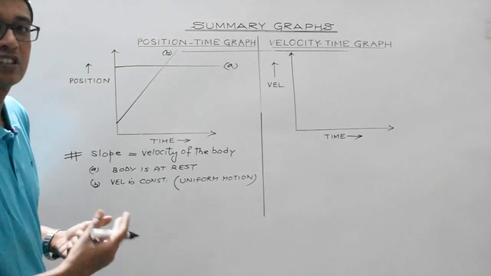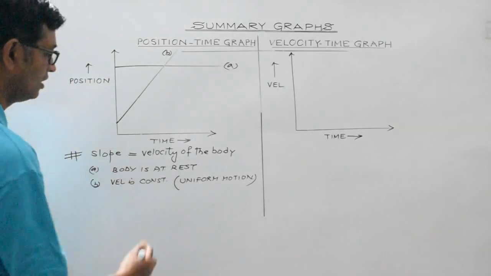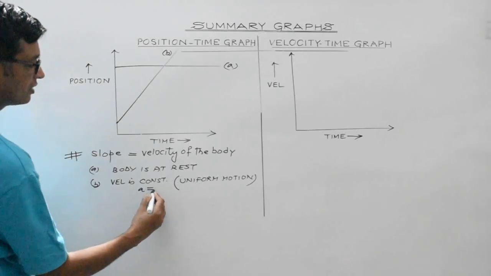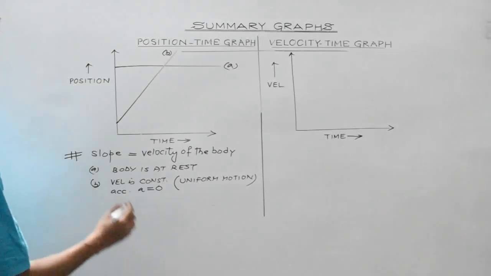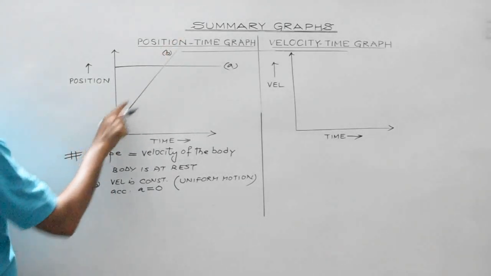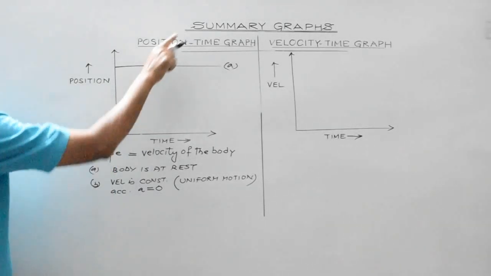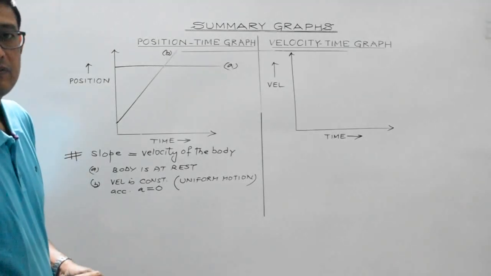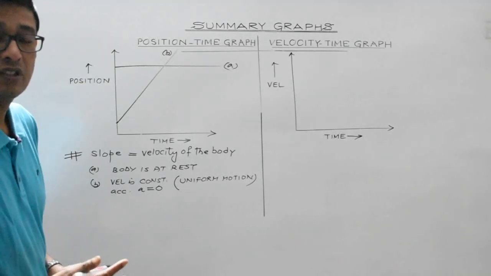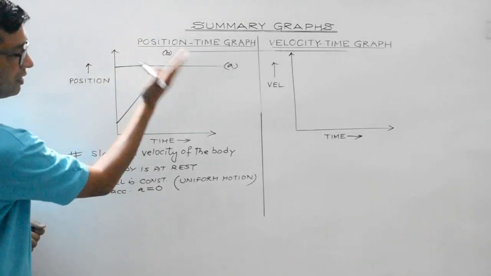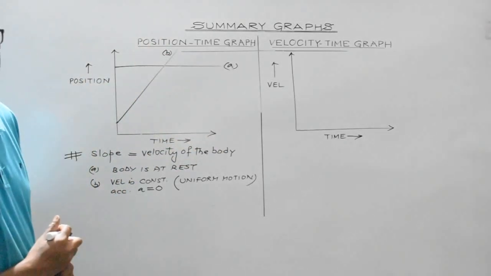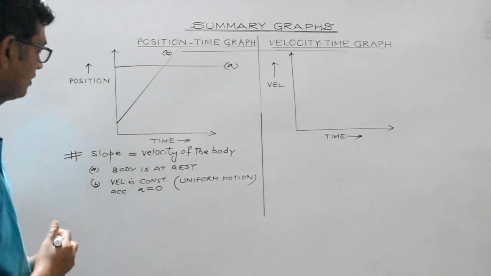And velocity is constant means acceleration is 0. Velocity is constant, it suggests that acceleration is equal to 0. So in the case of uniform motion, the position time graph is a straight line inclined towards the time axis.